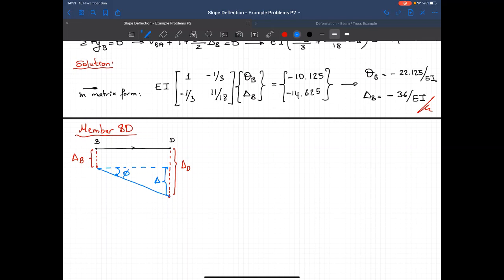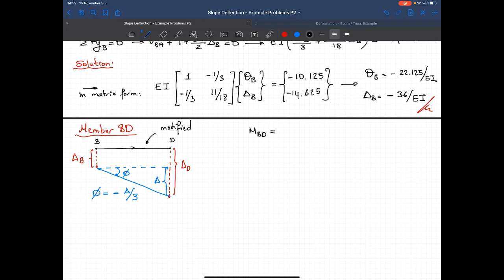According to this figure, the phi angle is a clockwise rotation, so it's minus delta over 3. Here at this end I know the moment is equal to 0, so I will be using the modified equation for member BD.